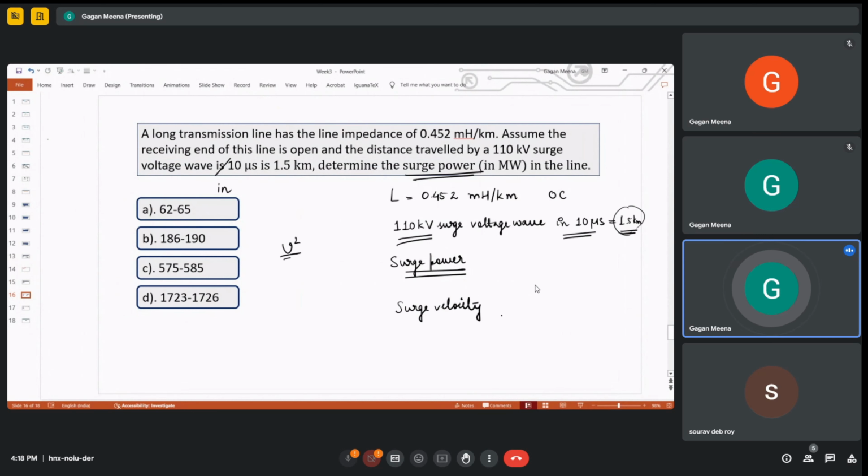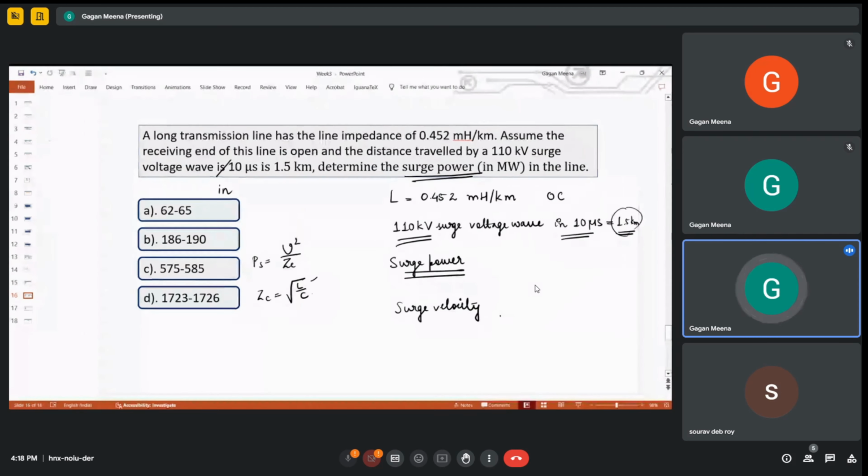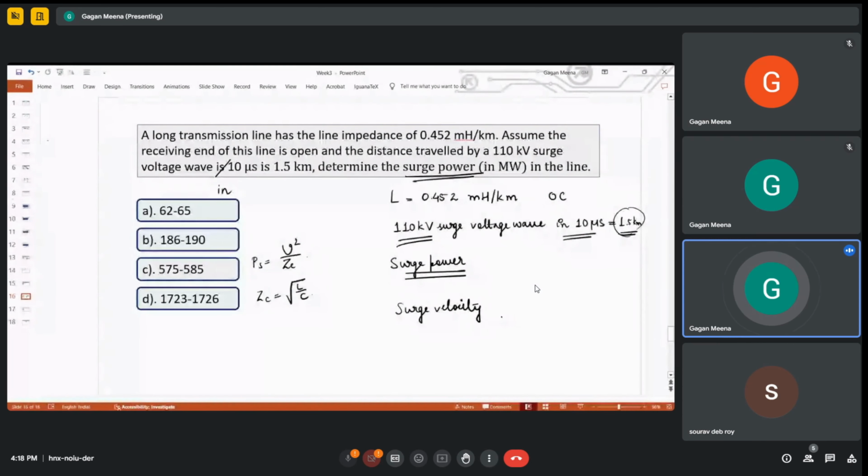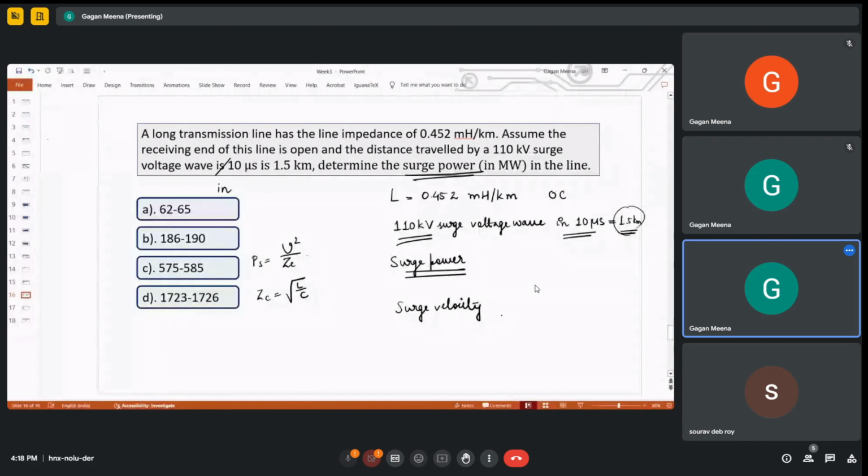Surge power is V square by ZC, and ZC is root L by C. So now we have L, but we don't have C. So this we have to find out. For this we need C. So C we need to find out first by using this surge velocity principle or formula.